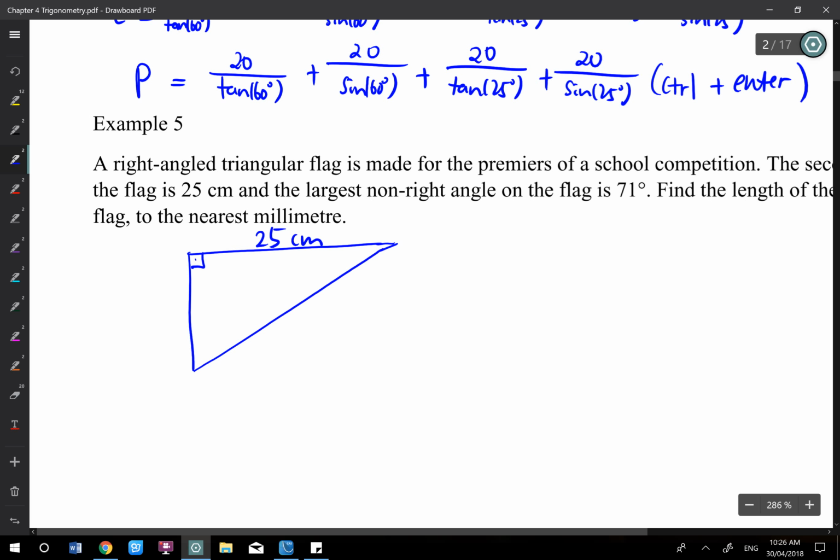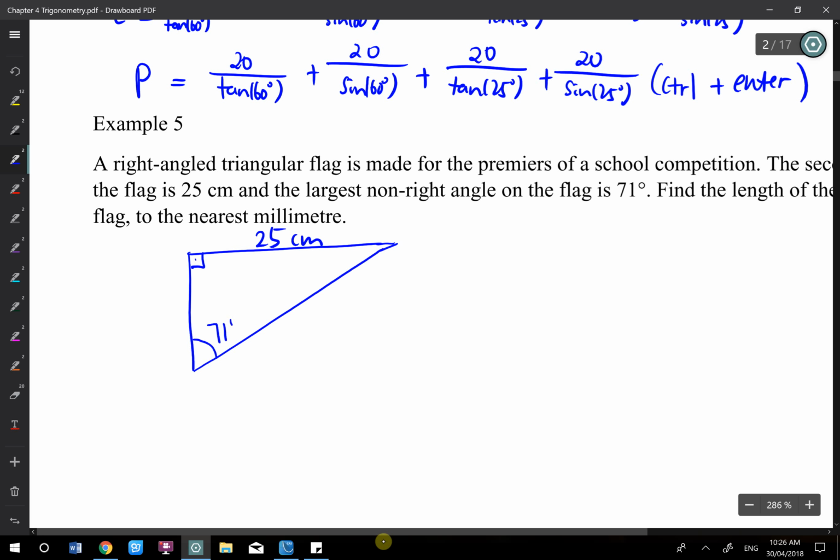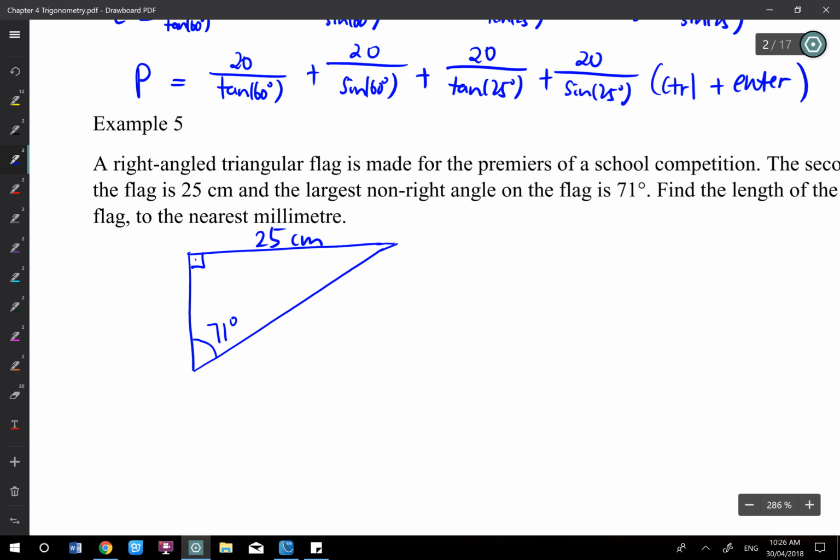Okay, one of the straight lines, and the second largest non-right angle on the flag is 71 degrees. So that's 71 degrees. Why is that 71? Because this length is longer than this one, right? This is the second longest one. Then this angle will be larger than this angle.